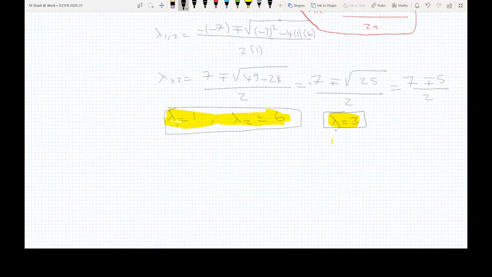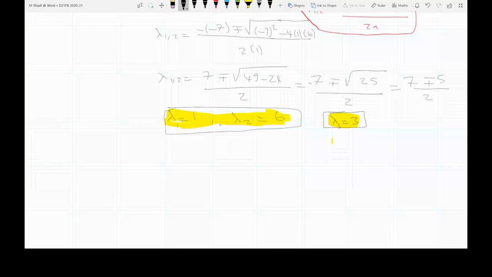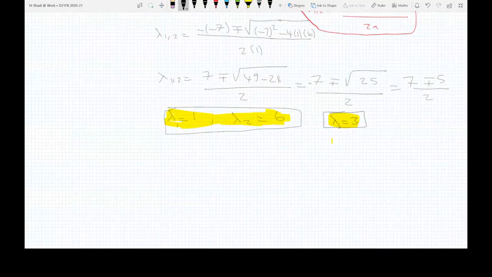Now these are the eigenvalues. The eigenvectors are found for each one independently. So we need to find the eigenvectors for each one of these eigenvalues. I'm going to start with the largest one, lambda 2 is equal to 6.